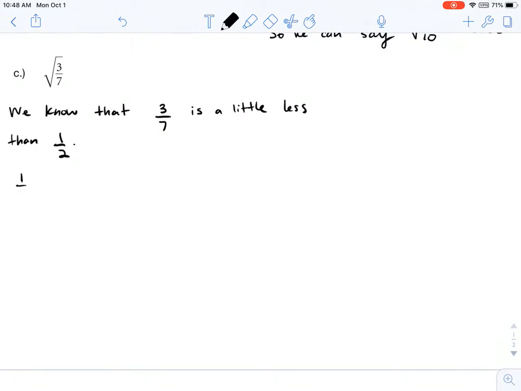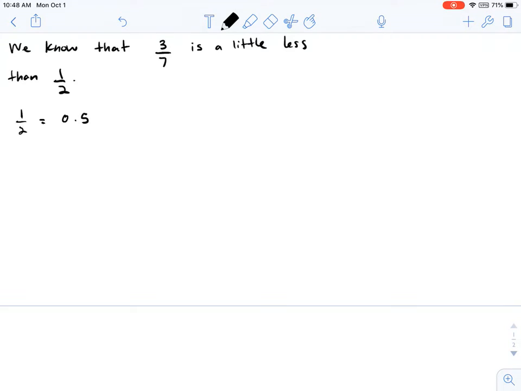And so we know that 1/2 is equal to 0.5. So now I've got to think of a perfect square that is close to 0.5. So if you know your perfect squares, you would know that 49 would be a perfect square since 7 times 7 is 49.